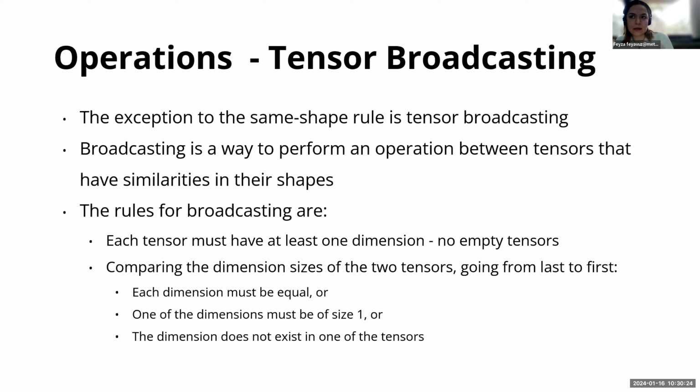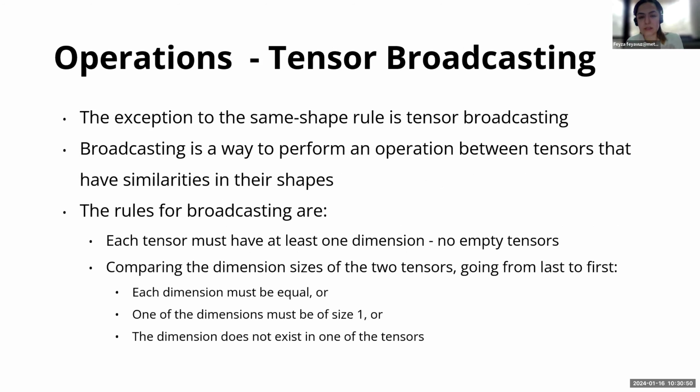But there are a lot of exceptions to this same shape rule, and this is called tensor broadcasting. Broadcasting is a way to perform an operation between tensors that have similarities in their shapes, but are not identical. The rules for broadcasting are, first, each tensor must have at least one dimension.